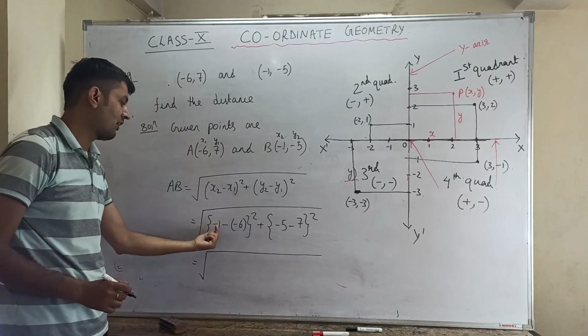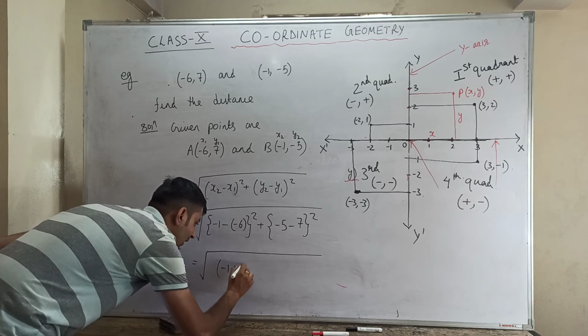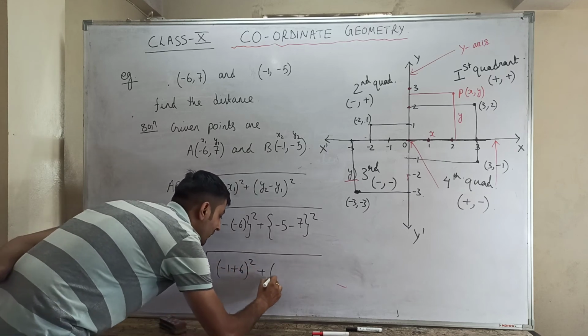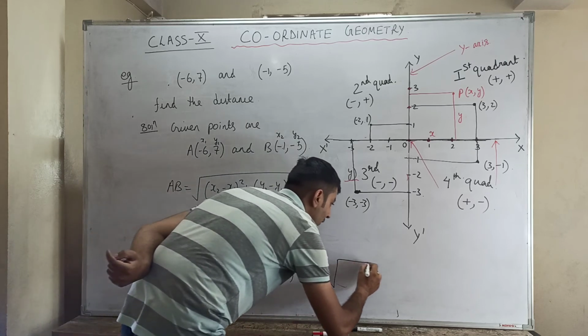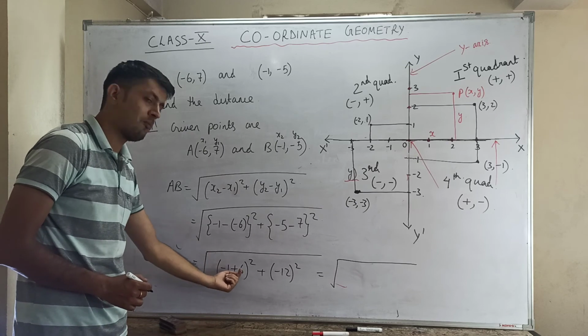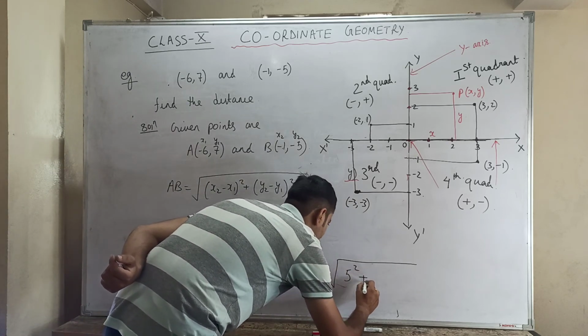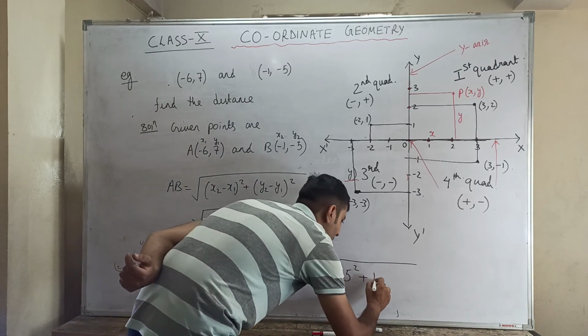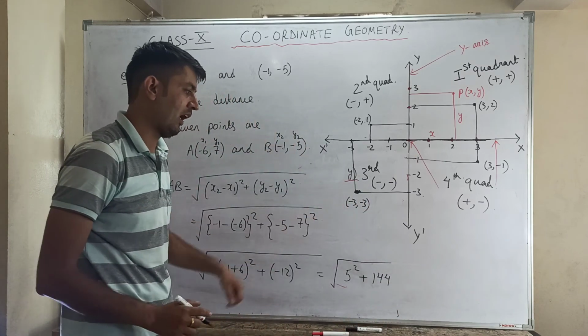So it will become minus 1 plus 6 whole thing square plus minus 12 whole thing square. This is equal to, as you can see, minus 1 plus 6, which becomes 5, so 5 square. Then minus 12 square is 144. Kindly do the calculation.